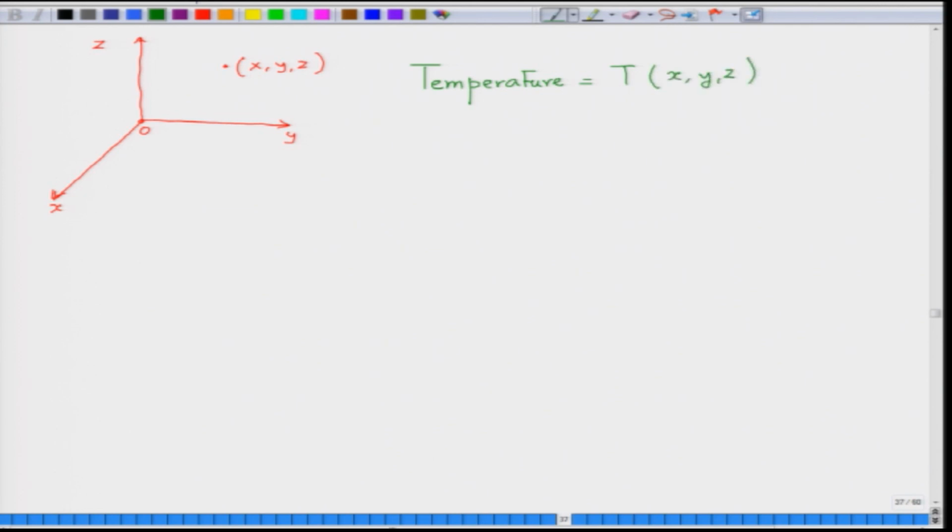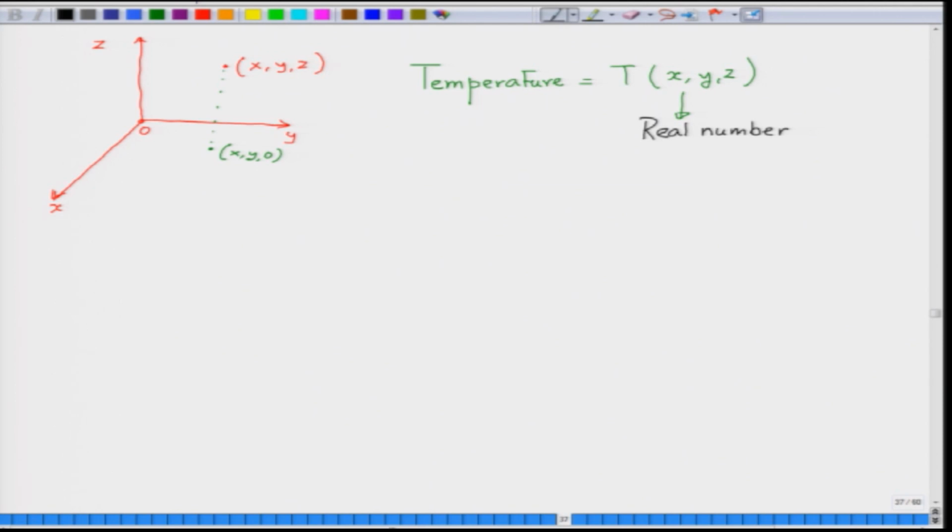If x, y, z is on the plane, say the point x, y, 0, the temperature is higher, and if it is going up, the temperature is lower, as if you are climbing a mountain. So, this is a scalar, a real number. The temperature at any given point in space is an example of a scalar valued function. Given x, y, z, you can measure the temperature.